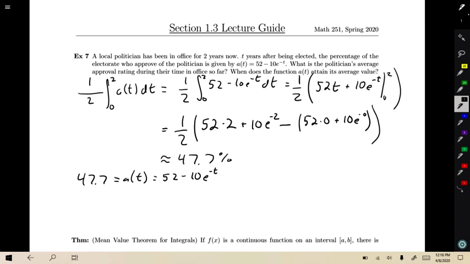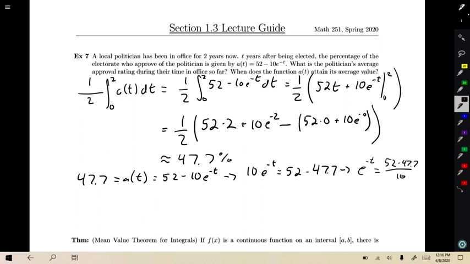I can add 10e^(-t) to both sides, and I can subtract 47.7 from both sides to tell me that 10e^(-t) is 52 minus 47.7. I want to also divide by 10, so e^(-t) is (52 minus 47.7) divided by 10.